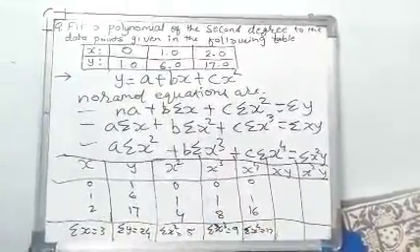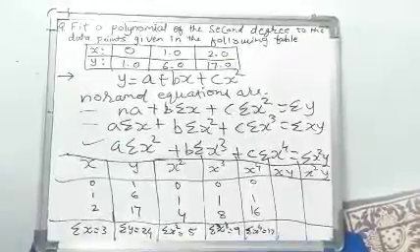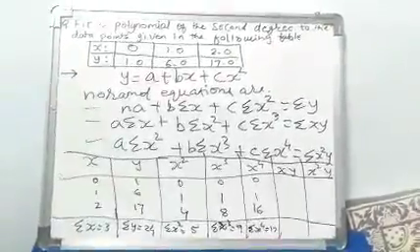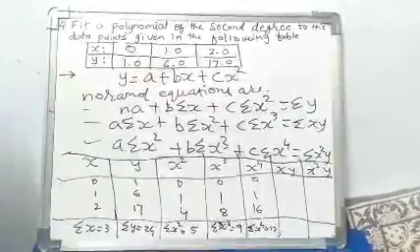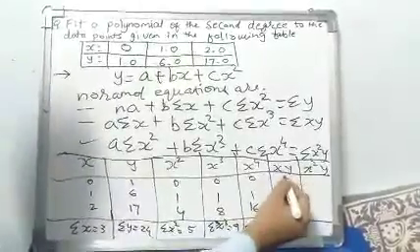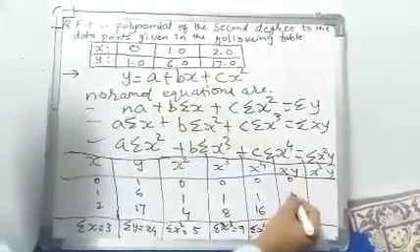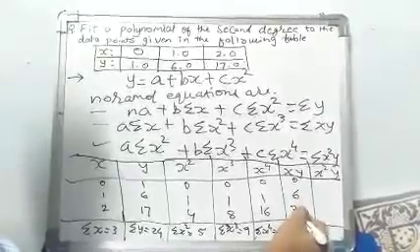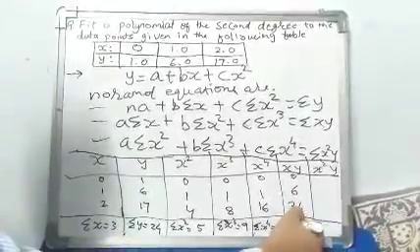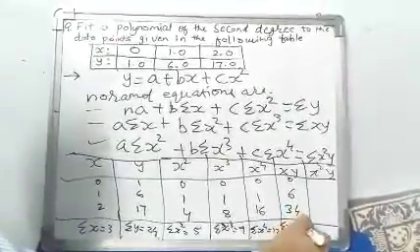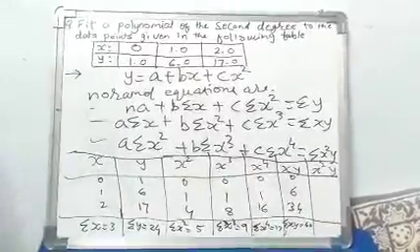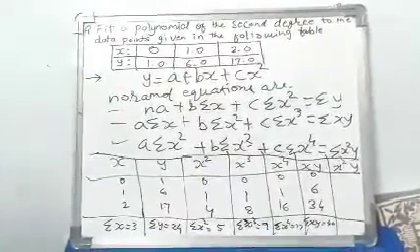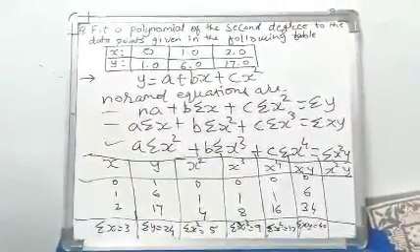Now we need to find the value of xy. That is 0, 6, and 34. So summation of xy is equal to 40. Now we need to find x square y.